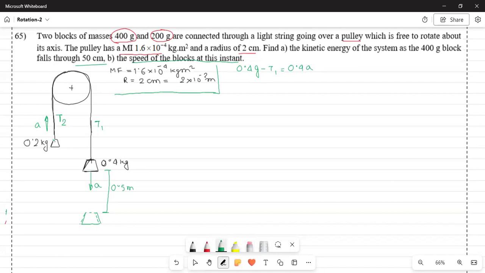Similarly, considering the free body diagram of the smaller block, it has got upward acceleration. So what is the upward force?